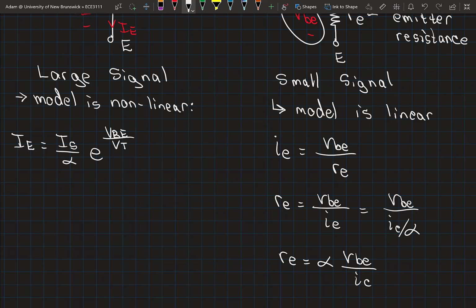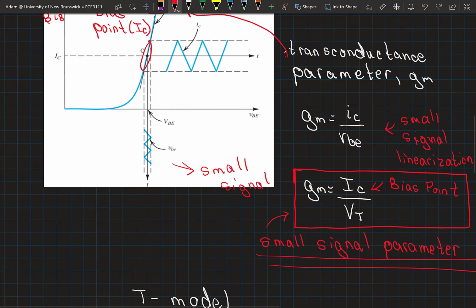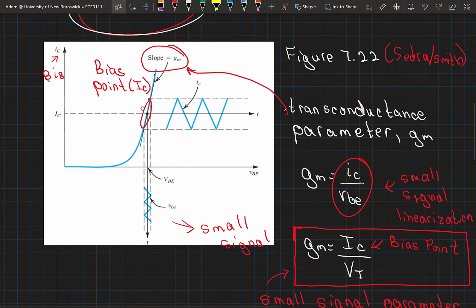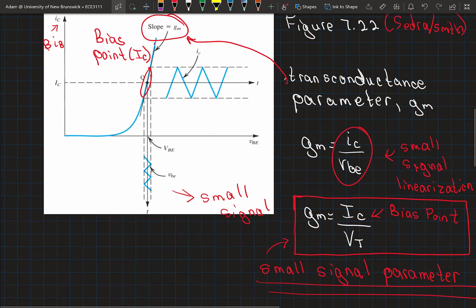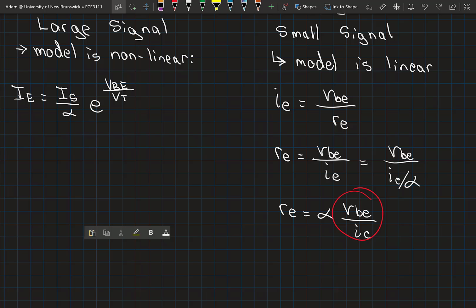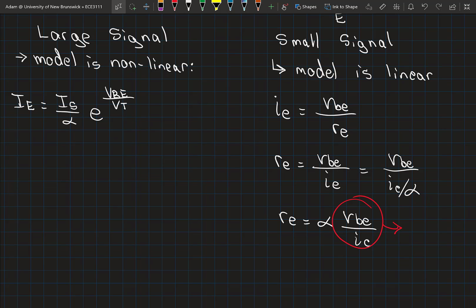Now, this term here should look familiar. We saw up here that our transconductance parameter was equal to our small signal collector current divided by our small signal base to emitter voltage. So this is in fact equal to one over GM.